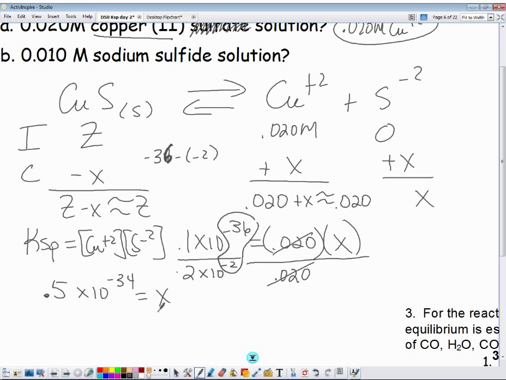There's my X. You might say, oh, that's not right scientific notation. Then fix it if you don't like it that way. 5 times 10 to the minus 35 moles per liter. Is it always going to be moles per liter, Miss Patty? Yes, if you're finding X, it's always going to be moles per liter. Yes, sir.